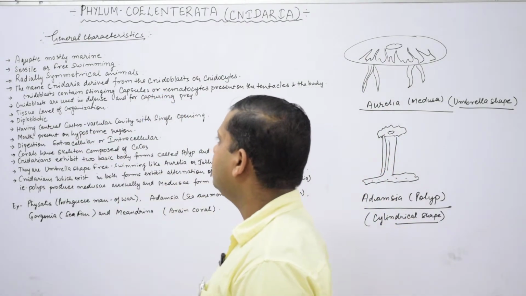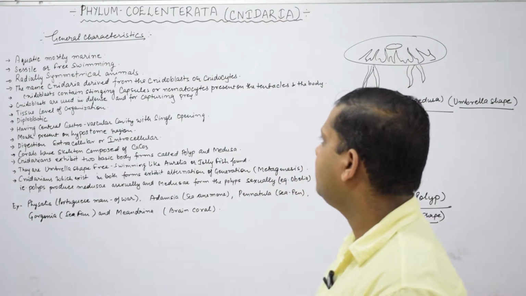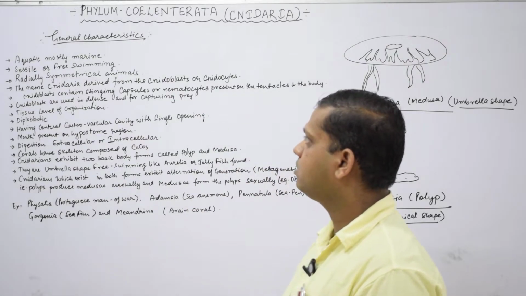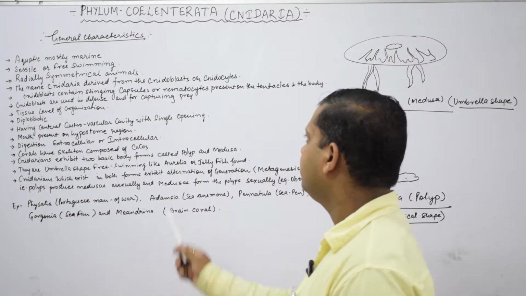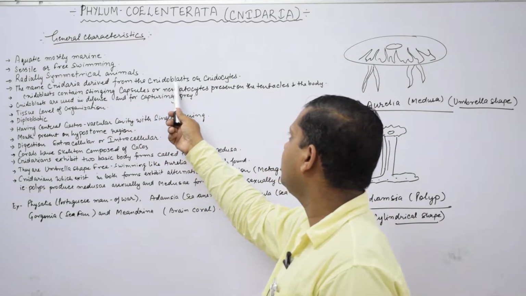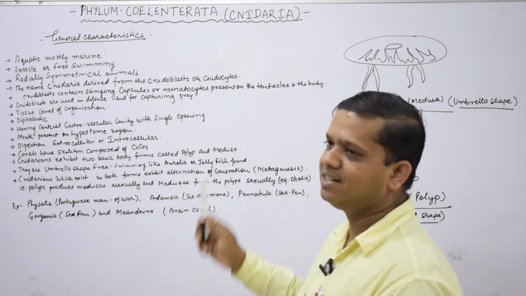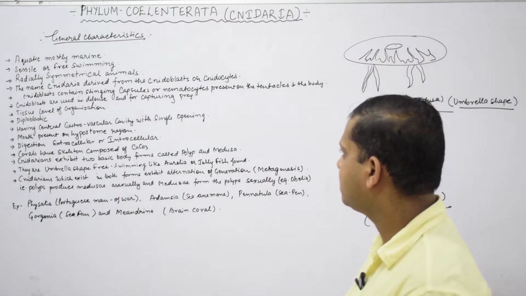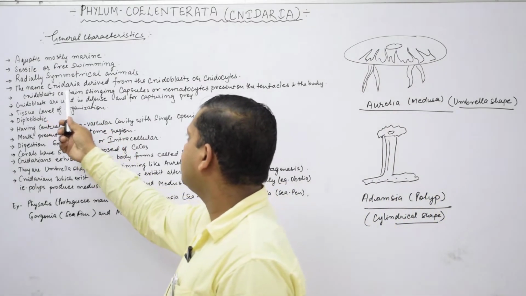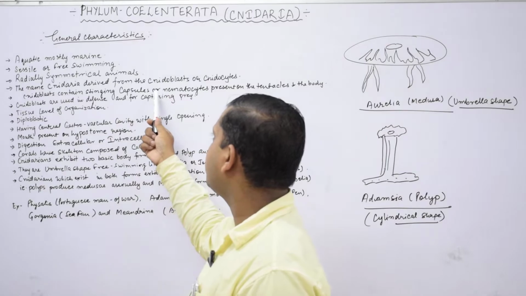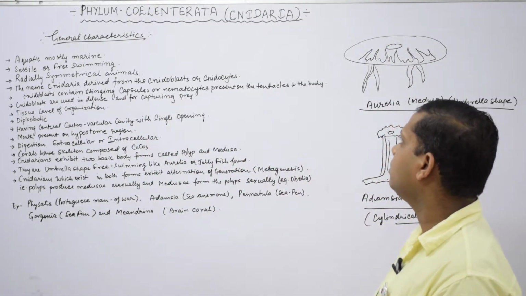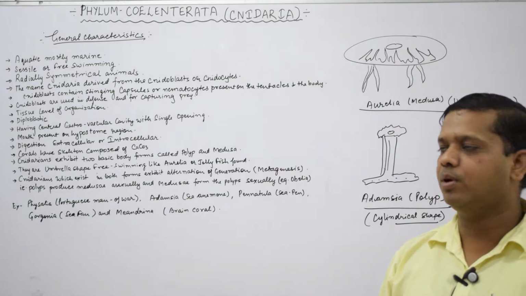The name Cnidaria is derived from the cnidoblast or cnidocyte cell. So what is a cnidocyte or cnidoblast cell? Cnidoblast cells contain a stinging capsule, or nematocytes, present on the tentacles and body.